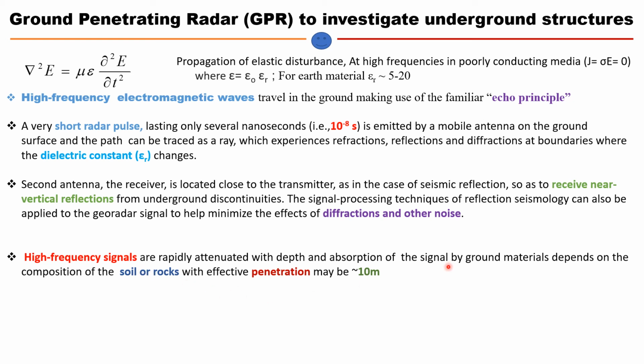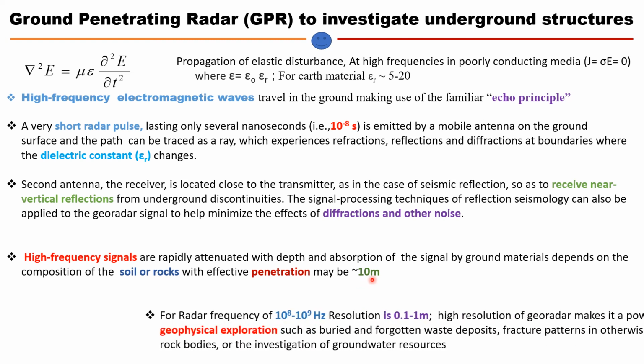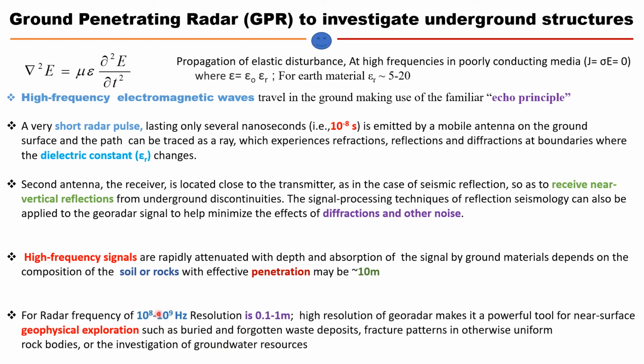Generally, to probe shallow structure, we make use of high frequency signals that are attenuated very sharply, and some signals are also absorbed by the ground depending upon the composition of soil and rocks, so the effective penetration will be around 10 meters. When we apply a frequency of 10 to the power 8 to 9 Hz, the resolution is high, about 0.1 to 1 meter.